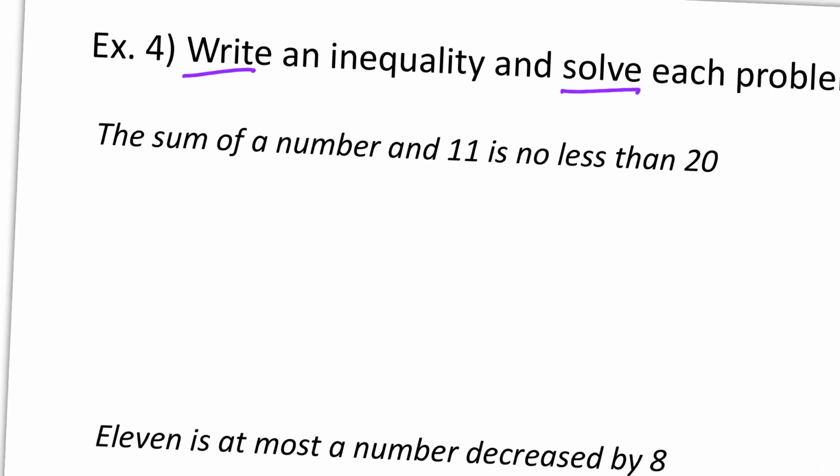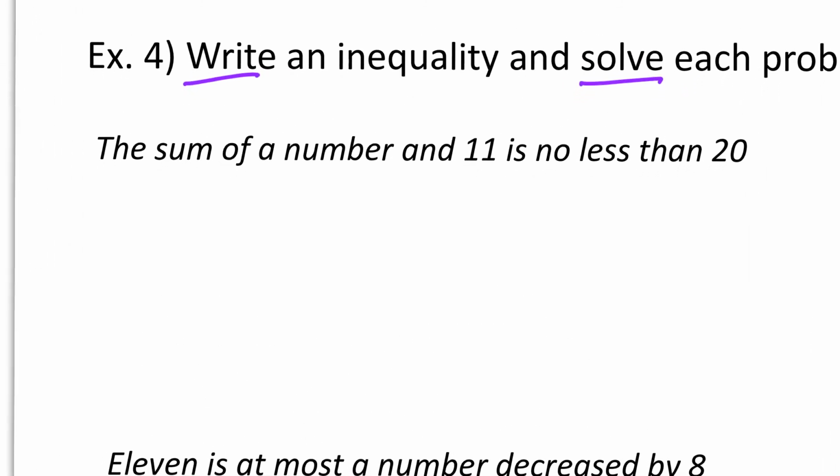Let me just zoom in here to the first one. It says the sum of a number. We know that the sum means adding, and I'm going to use m for the number. So the sum of a number m and 11 is no less than 20. Those keywords, no less than, mean greater than or equal to.